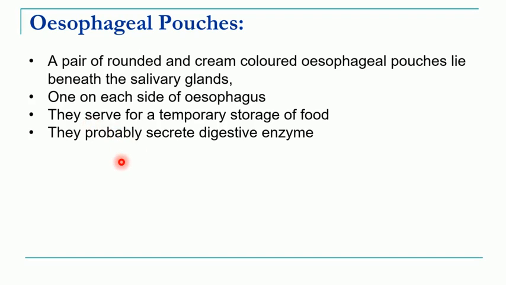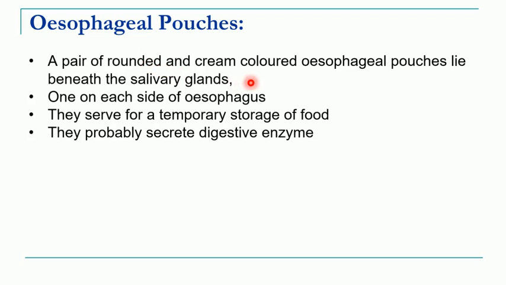Now the exact function of these esophageal pouches is not yet known, but they are said to serve for the temporary storage of food, and they probably secrete digestive enzymes. So these are the two functions: temporary storage of the incoming food, and secretion of some digestive enzymes which aid in digestion.